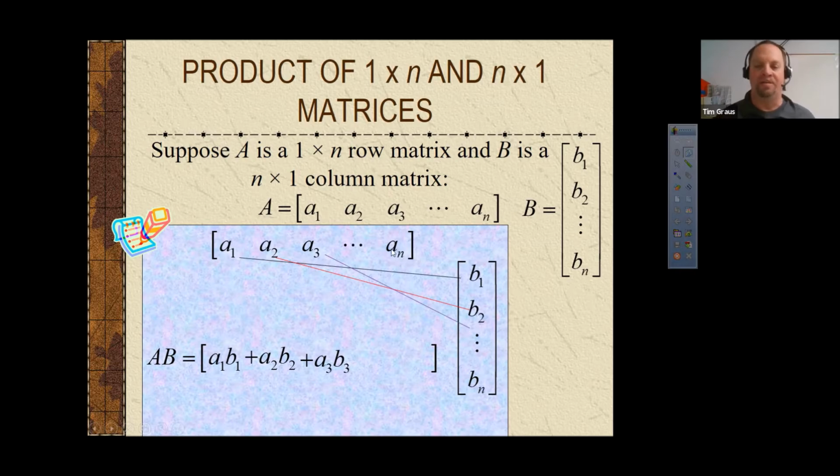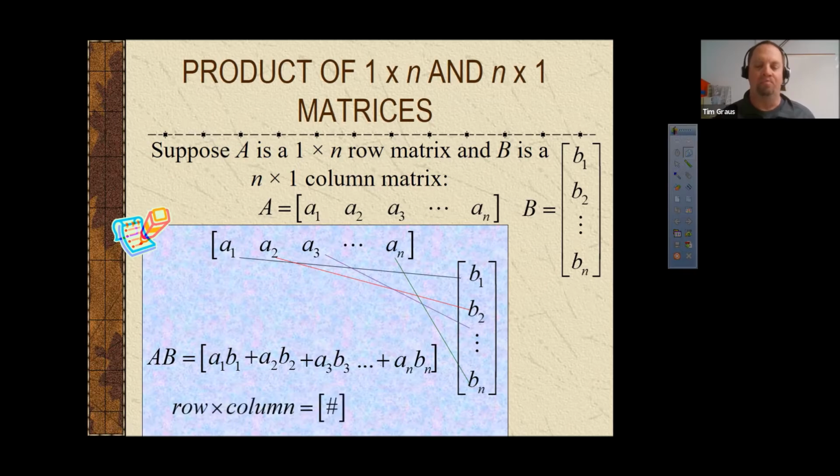And I don't want to get to this last number in the row and not have anything left to multiply by in the column. So my last part of this answer is AN times BN. And I add all of these things up to get a single number.